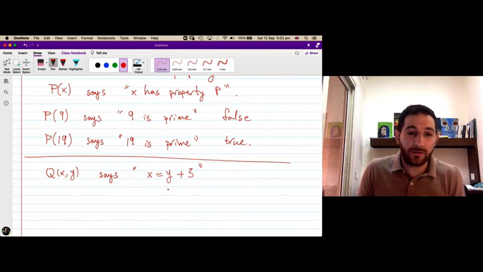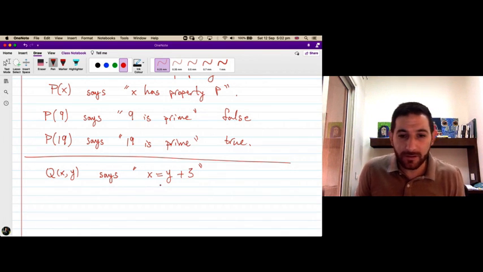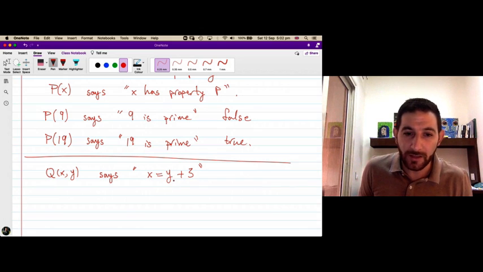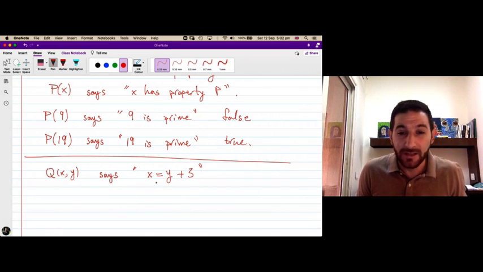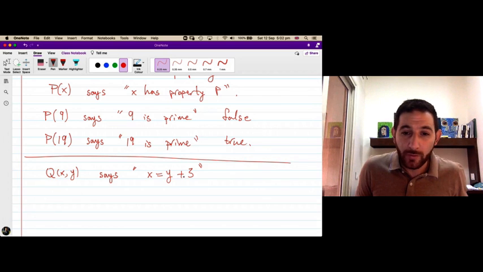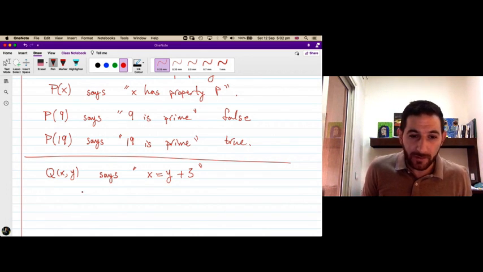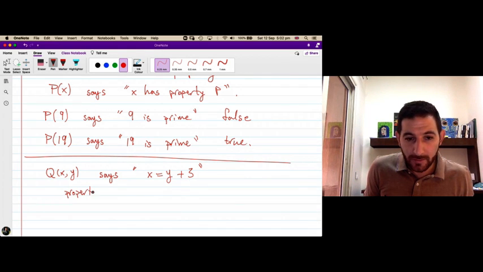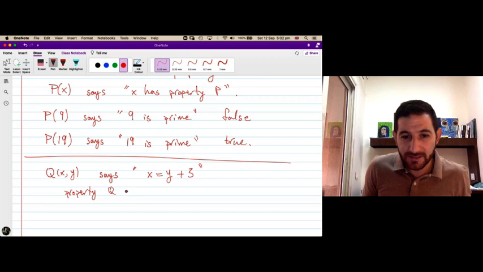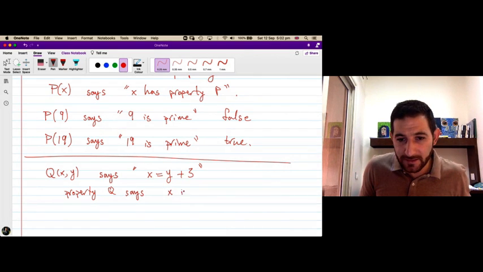What is the subject in this statement? We have two subjects, x and y. What is the predicate, the property of the subjects? When we add 3 to y, we get x. Or, the property Q says that x is 3 more than y.